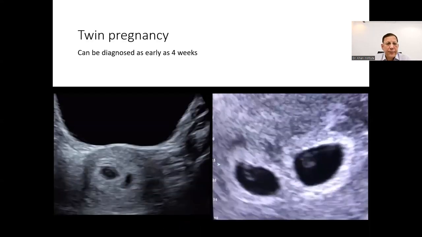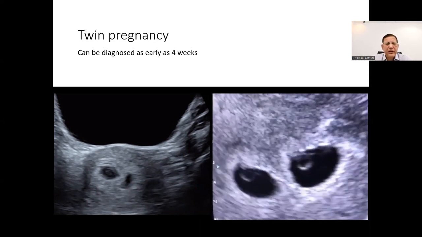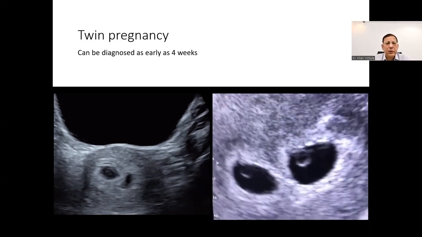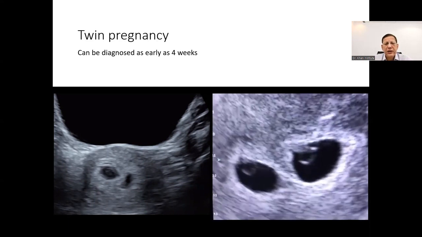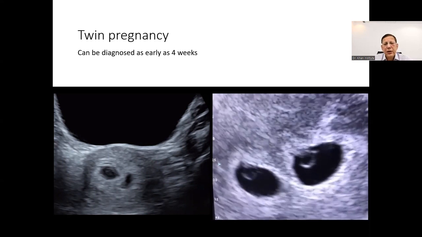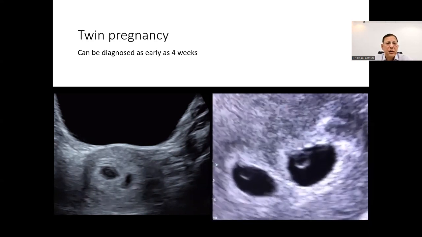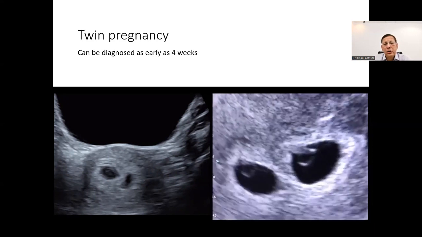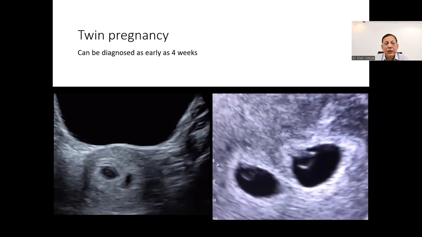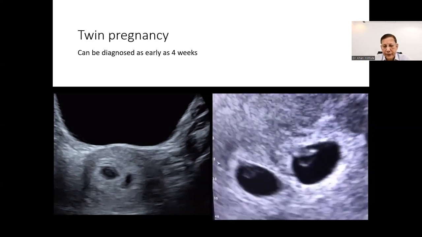Twin pregnancy, for example, because there is a lot of difference between the management of a single pregnancy and a twin pregnancy, throughout the term up to 40 weeks. So if we tell the doctor that it's a twin pregnancy, then she will manage it accordingly.